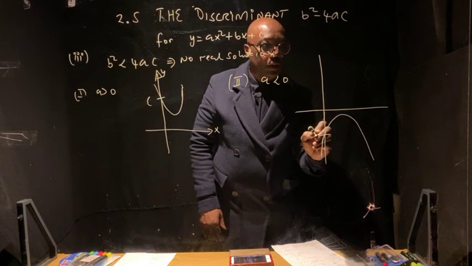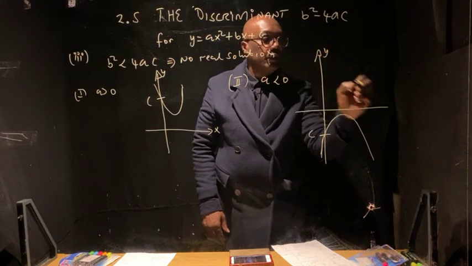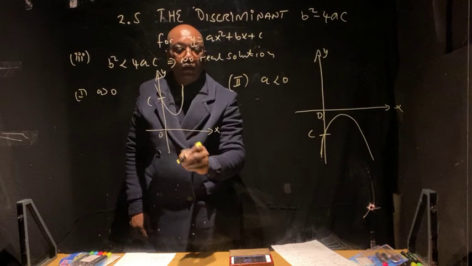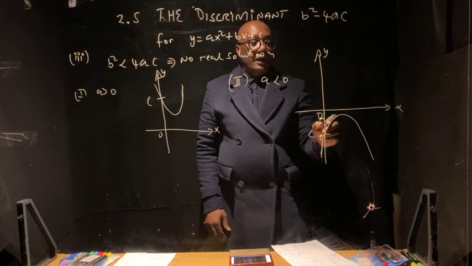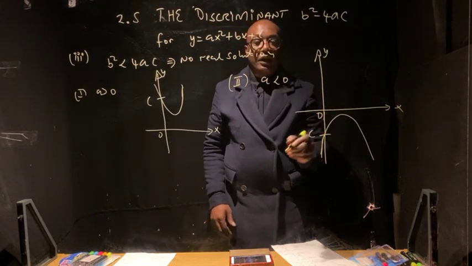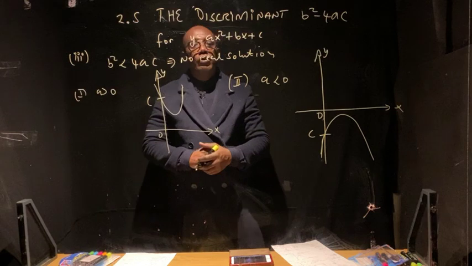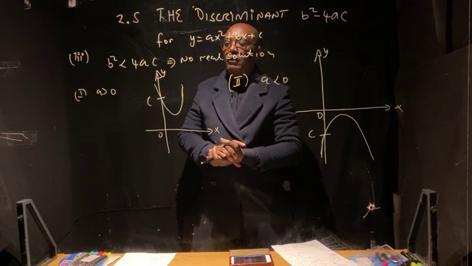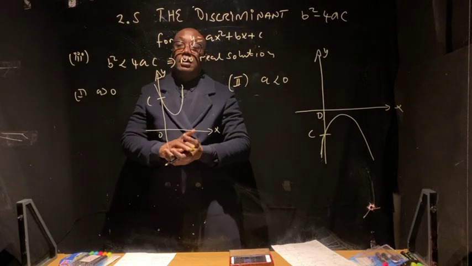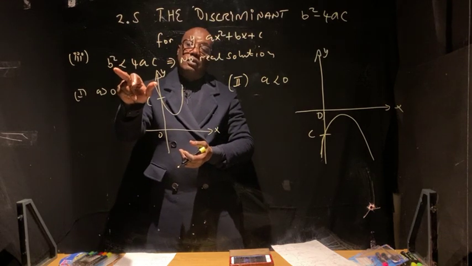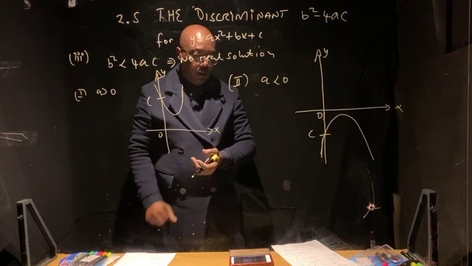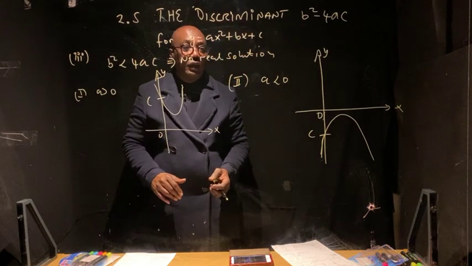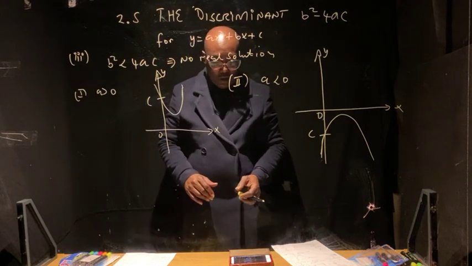This is the y-axis intercept, y-axis. This is the x-axis, this is the origin. Good. You can see that it doesn't cross the x-axis. Therefore, there is no real value of x for which the curve crosses the x-axis. This is the case when b squared is less than 4ac. Good. And this was the last point. Take your time to copy it, and we'll pick it up from there again.